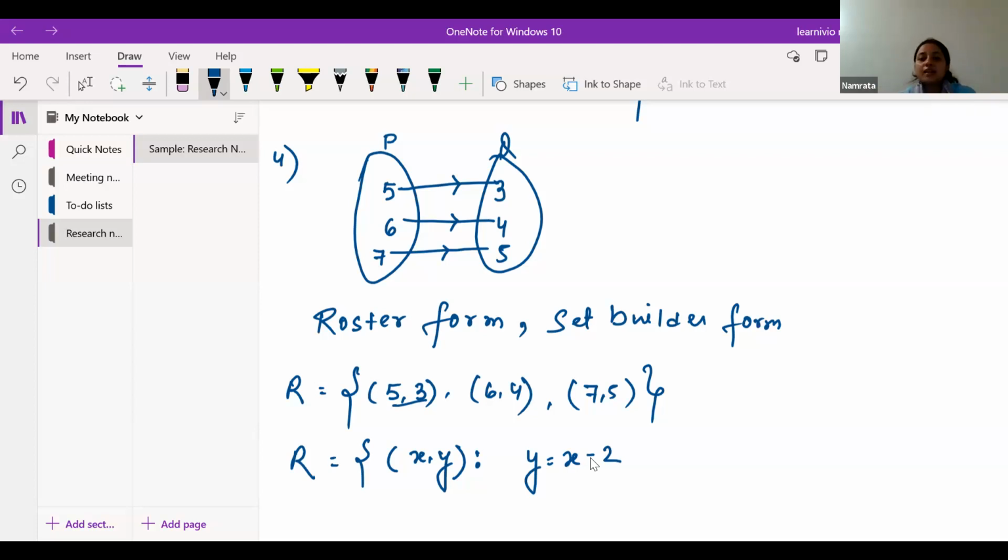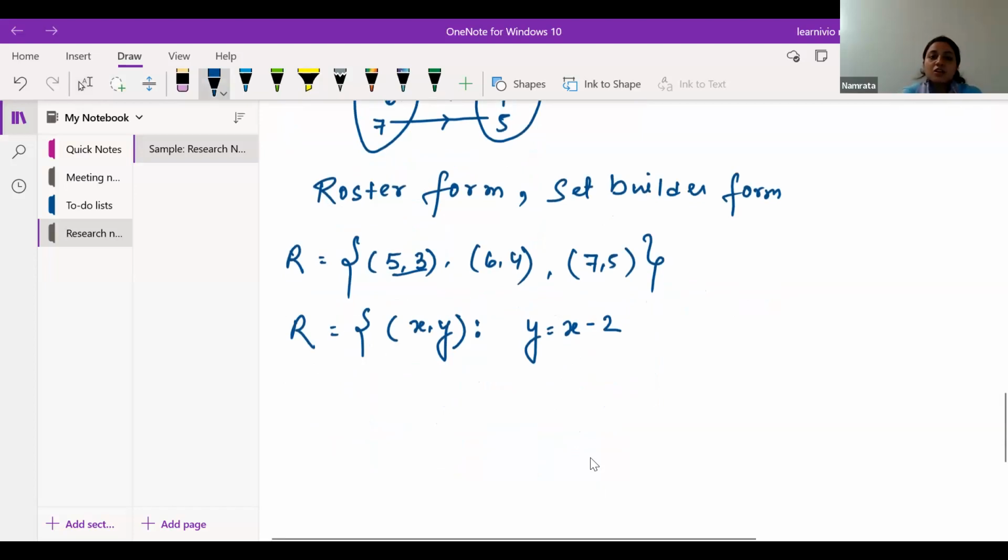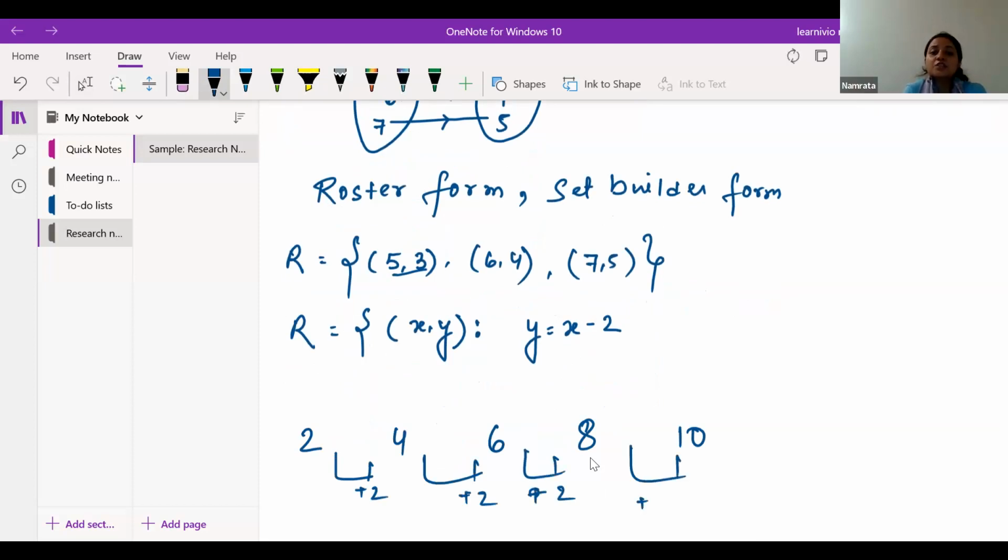In lower classes, we have solved questions related to series, no? Where 2 is there, then 4, then 6, then 8, then 10. Here we used to identify what pattern is going on. So we used to say, 2 plus 2, 4, then 4 plus 2, 6, then 6 plus 2, 8, then 8 plus 2, 10. So this is how the series will go. The next term will be, just a second.